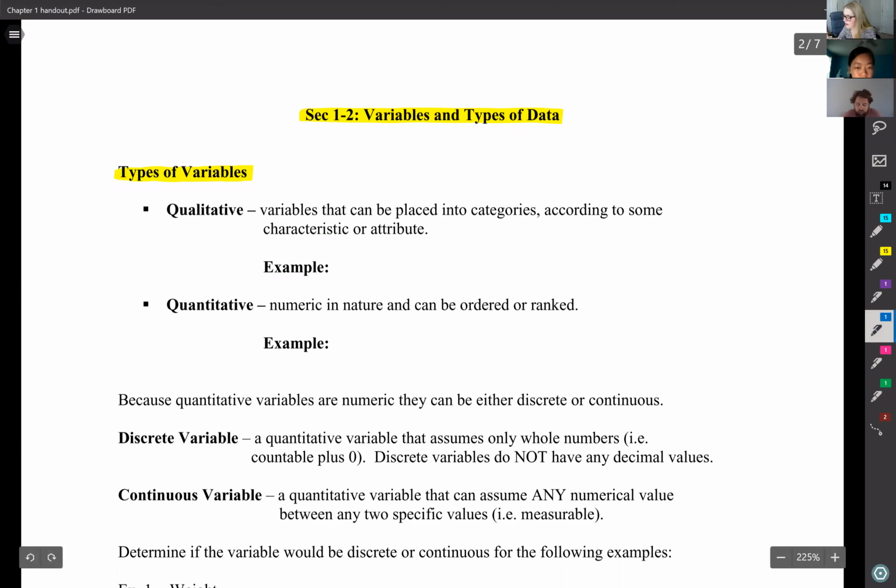So some examples of qualitative variables would be maybe your major. So I could take a bunch of people and put them in groups based on what major they are in college. I could also use location. And depending on maybe where you're located, I could place you in groups depending on what city you're in.